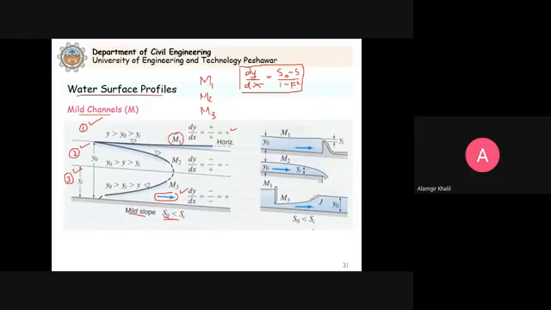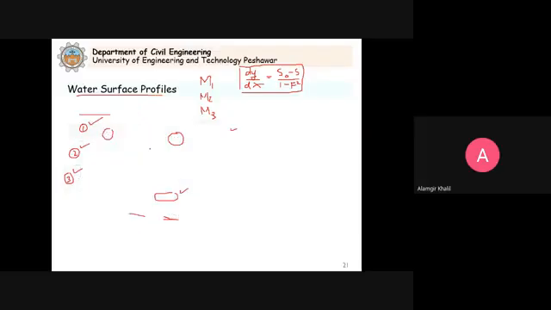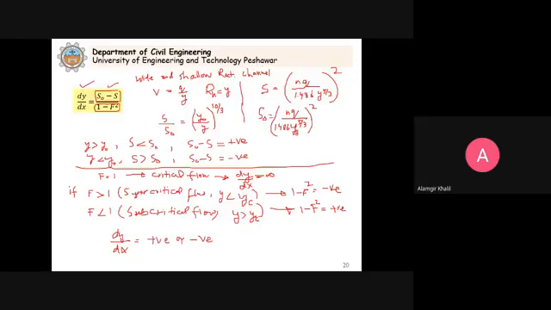This is M1 profile. Mild slope, mild channel, and type 1, M1. So in this case, we have S0 minus S. What is the situation of the depth? Here we just discussed, when your depth is greater than Y0.